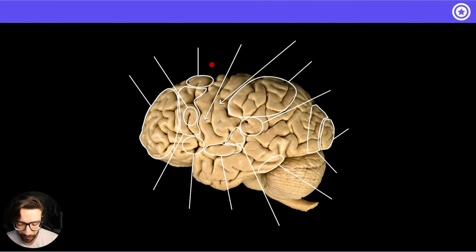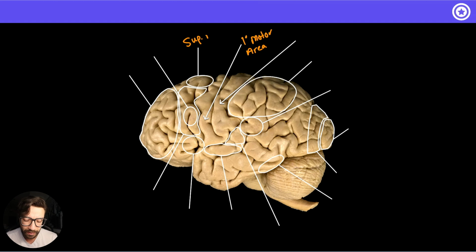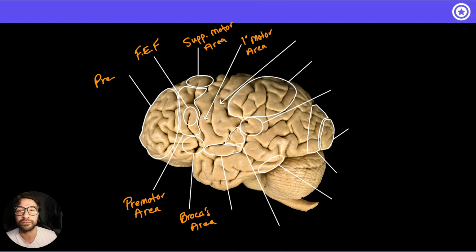All right, awesome. So now that we've identified everything, let's go on and label it on this image right here. We're going to start off in this frontal lobe area. So we're going to have that primary motor cortex, the supplementary motor area, the premotor area, the frontal eye field, Broca's area, and the prefrontal cortex.